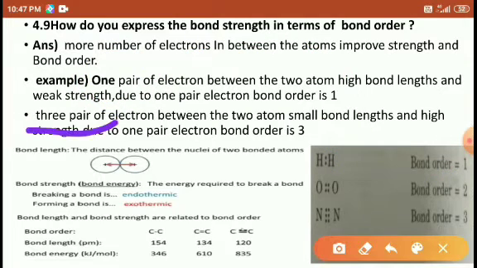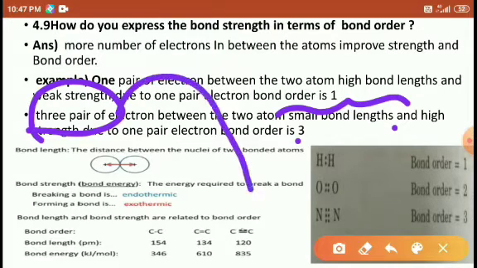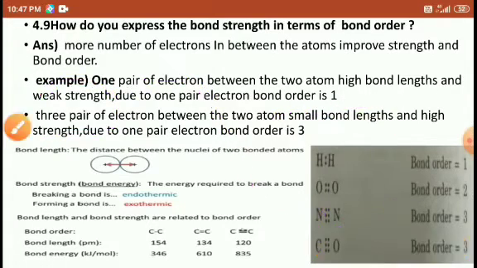Similarly, with 3 pairs of electrons between the atoms, the bond length is very small, the strength is high, and the bond order is 3. Look at here, students, between the nitrogens 6 electrons are present, so it has high strength and the bond order is 3.